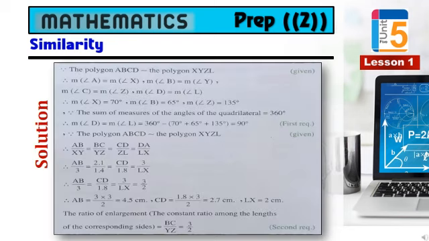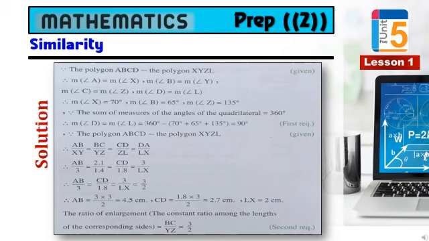Okay, in the beginning, remember remark number 6 to get the corresponding sides and the corresponding vertices easily. So, since the polygons ABCD is similar to the polygons XYZL, then the measure of angle A equals the measure of angle X equals 70 degrees.